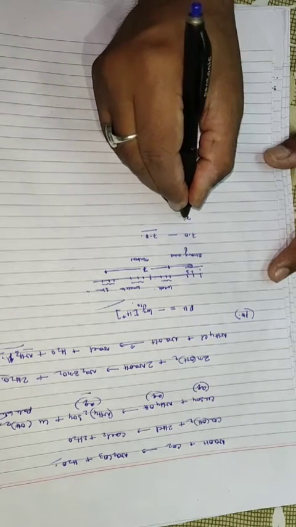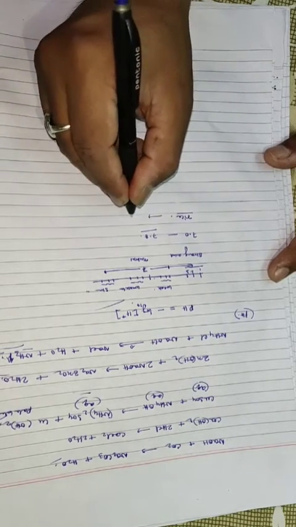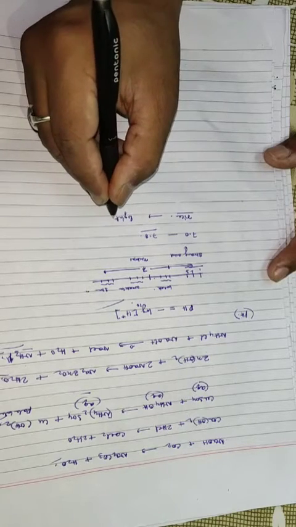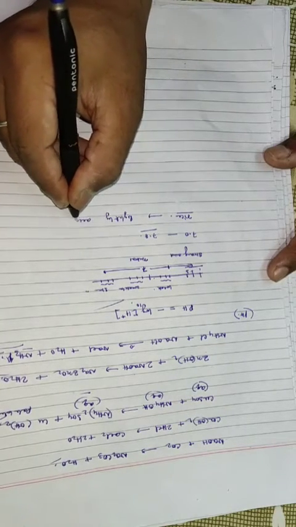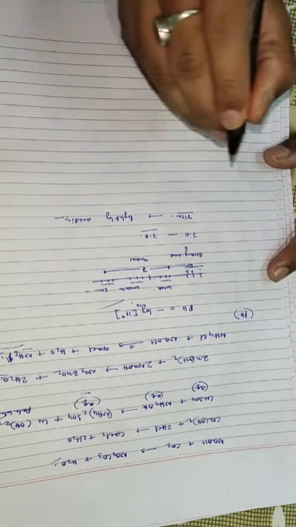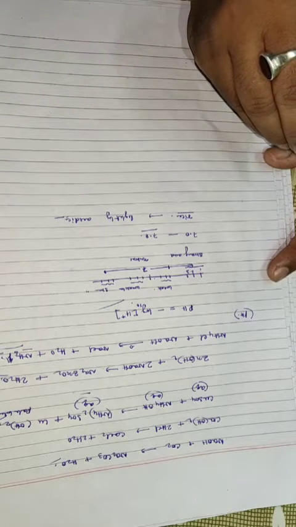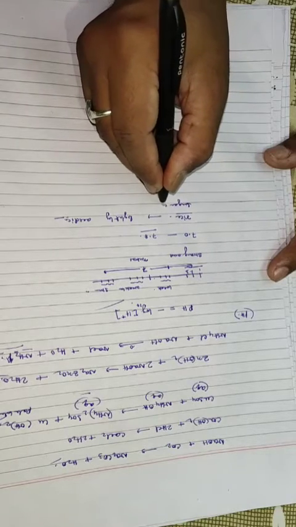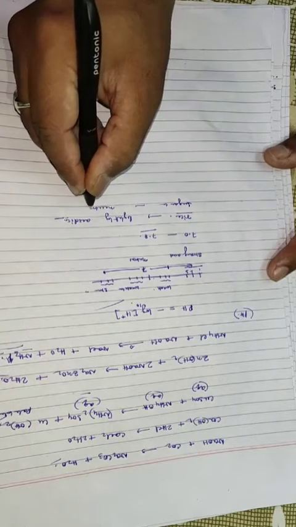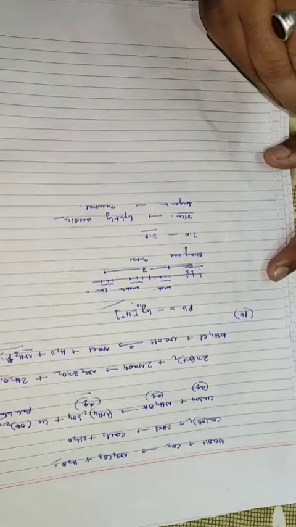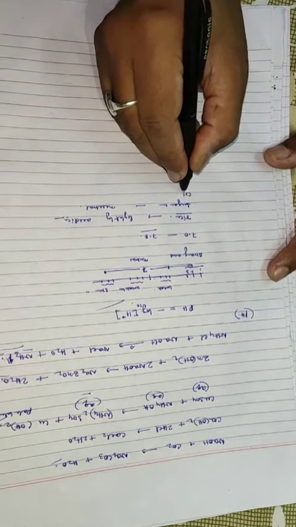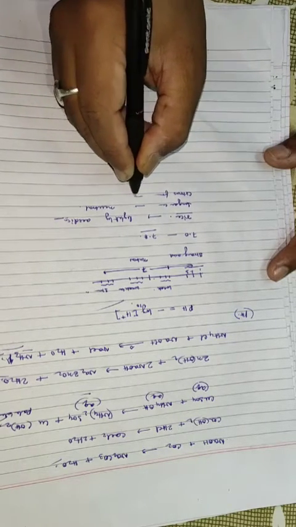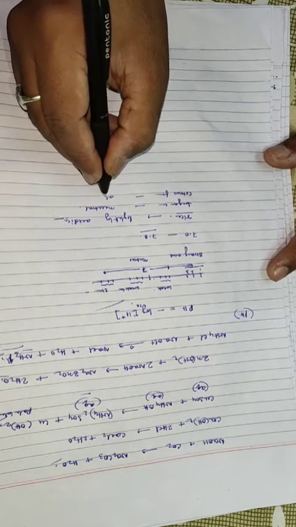For rice, what is the requirement of pH? Slightly acidic. Sugarcane, neutral. Citrus fruit, alkaline.